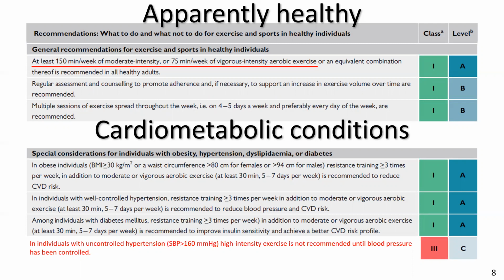So this slide is showing, on the whole, strong recommendations in favour of, and in most cases either an A or a B level of scientific evidence supporting that. The bottom one there: in individuals with uncontrolled hypertension, that is systolic blood pressure more than 160, high intensity exercise is not recommended until blood pressure has been controlled.